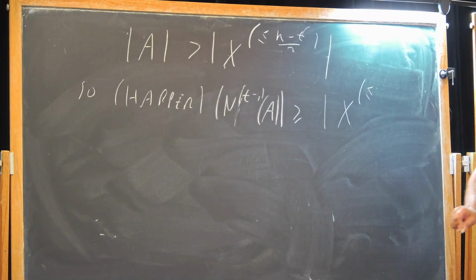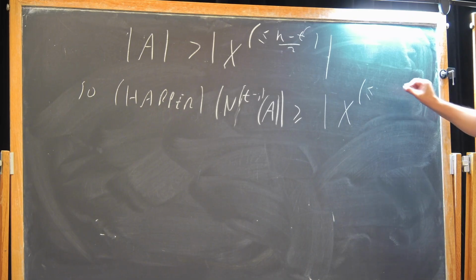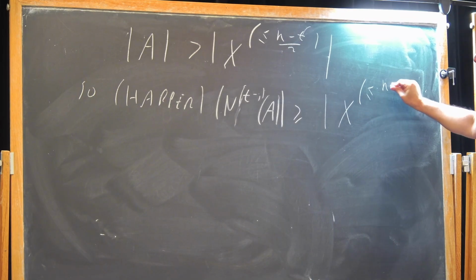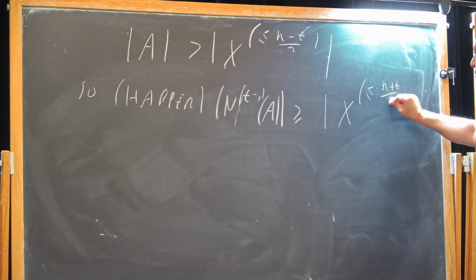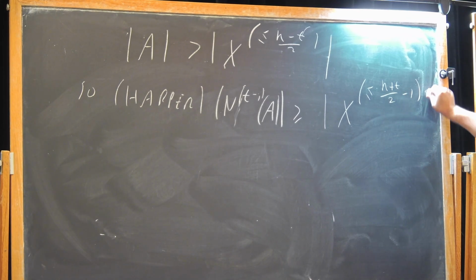Let's see, I've got to add t minus 1 to that number, which I think is something like n plus t over 2 minus 1. Fair enough?